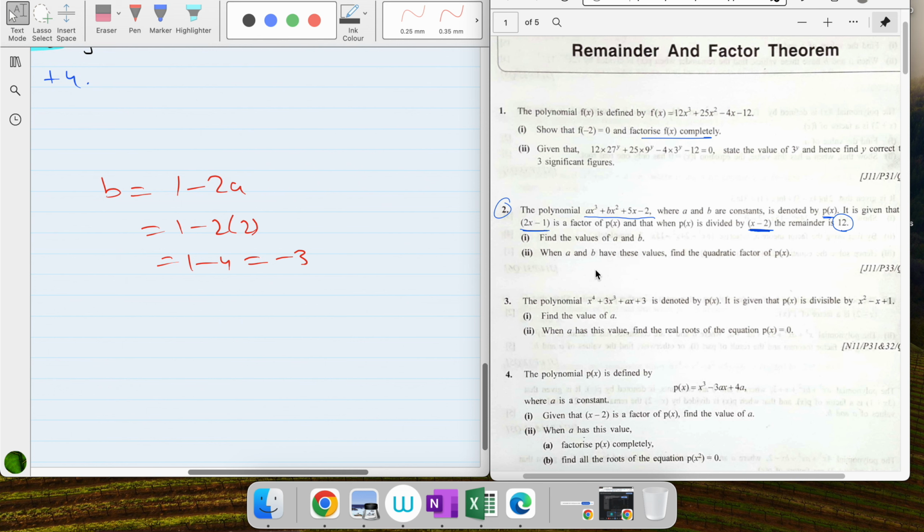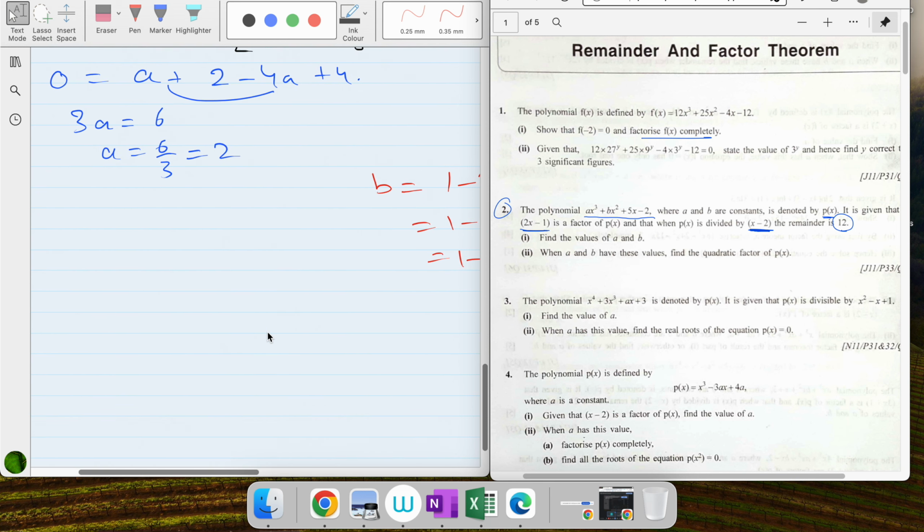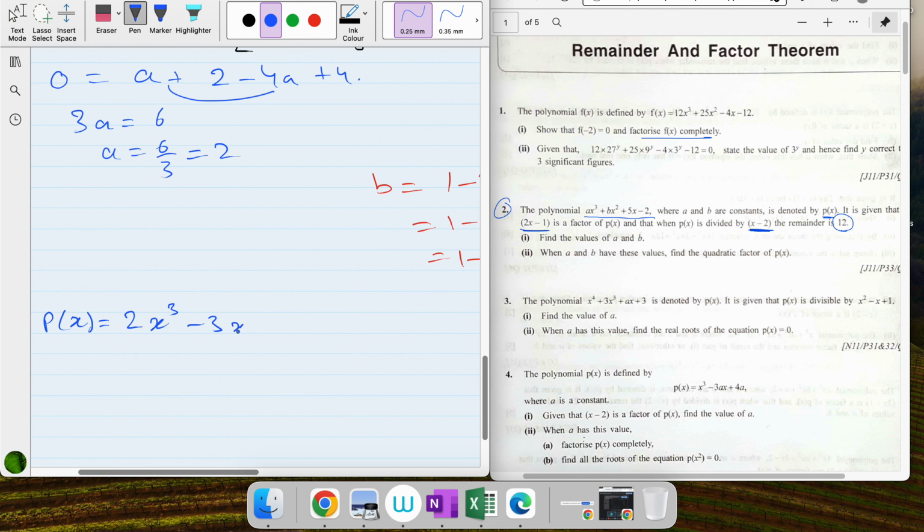The second part says when a and b have these values, find the quadratic factor of p of x. So the polynomial is now, a is 2, so that is 2x cube, and b is minus 3, minus 3x square plus 5x minus 2.